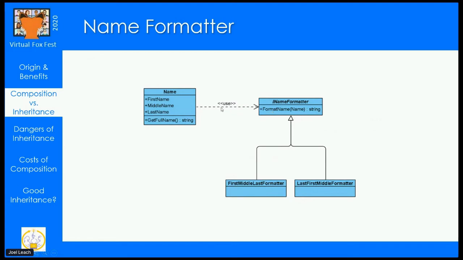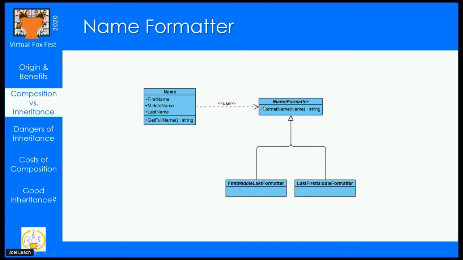So notice that this line and symbol between the name and the IName Formatter is a little different than what we saw before, right? Previously, we saw the diamond with the solid line. Well, while you could say that the name has a formatter, it would really be more accurate to say that the name uses a formatter, or we could say that the name depends upon a formatter.